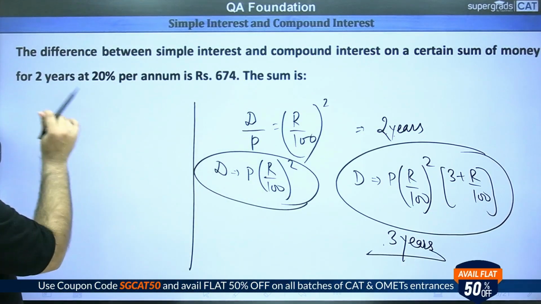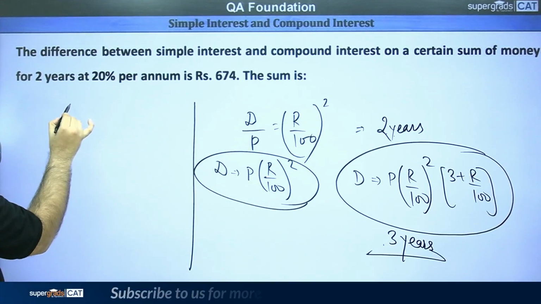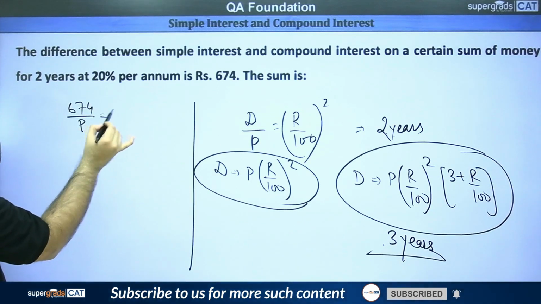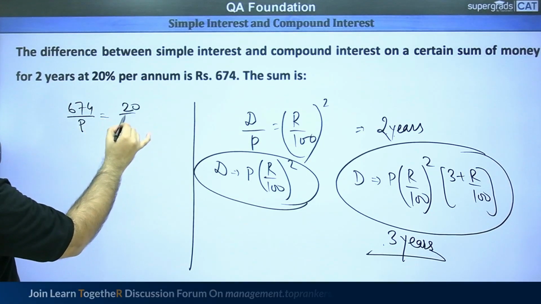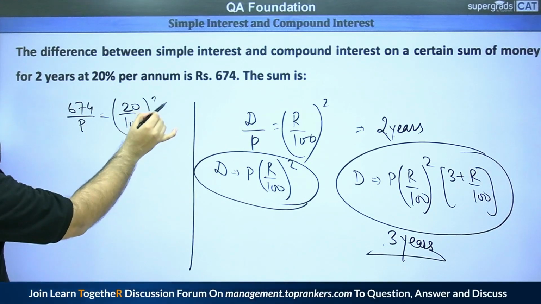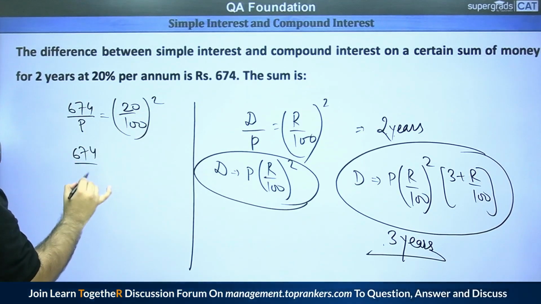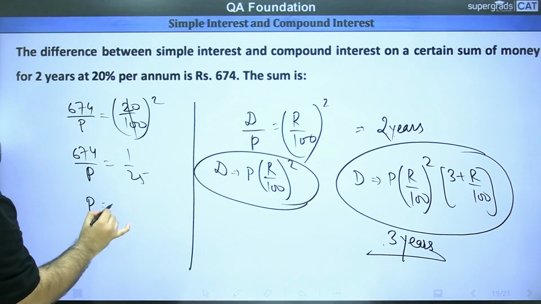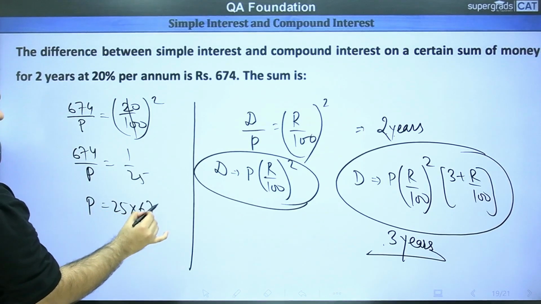So the difference is known, and the principal has to be found. The rate is known, the time is known. 1 by 5, 1 by 25. So the principal is 25 times of 674.